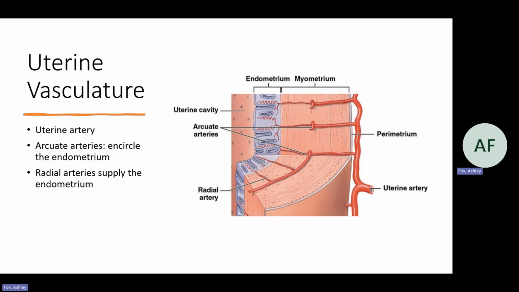So you can see here the arcuate arteries that are going on arches, surrounding in the middle of the myometrium, that are leading to supply the endometrium. Then the radial arteries are coming off the arcuates and going into the endometrium, which is right here. So endometrium, myometrium, and a little tiny perimetrium.